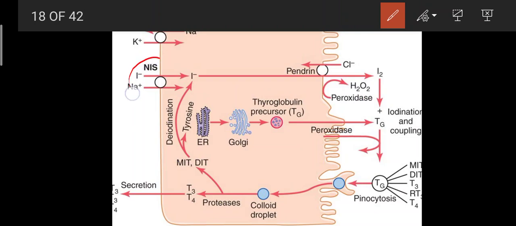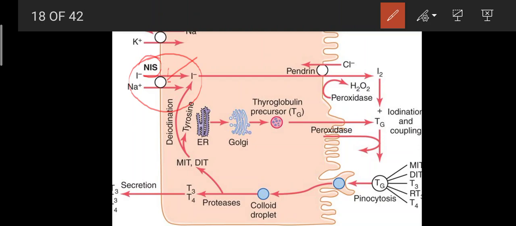Now this is the second step of thyroid hormone synthesis. There is a symporter which is known as the sodium iodide symporter. It is present on the basolateral membrane of the thyroid follicular cells, and it transports iodide ions and sodium ions both in the same direction from the ECF into the cell. This is known as iodide trapping.